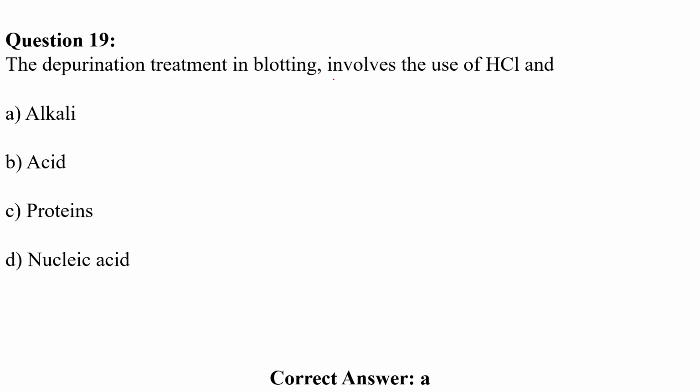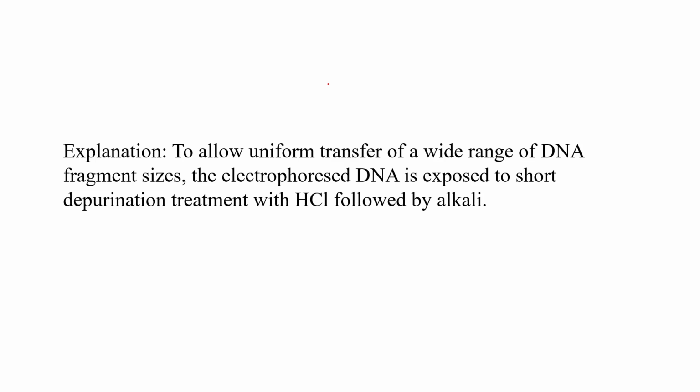So depurination treatment is done in blotting to allow transfer of a wide range of DNA fragment sizes. Basically during southern blotting, if the DNA fragment is very large in size, to allow complete transfer of all the DNA fragments, whether large or small, to the nitrocellulose membrane, we first treat the gel with depurination buffers.